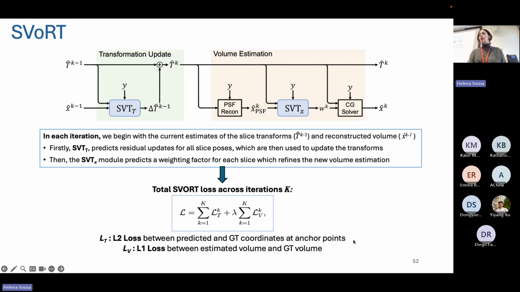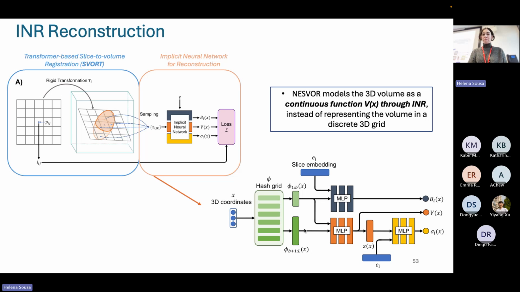So this is the transformation loss that Paula was talking about, using anchor points. And we have this loss as well, which is between our estimated volume and our ground truth volume. Both of these losses account for the total SVORT loss.